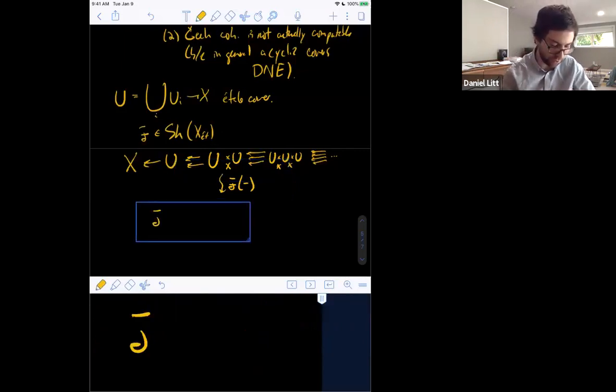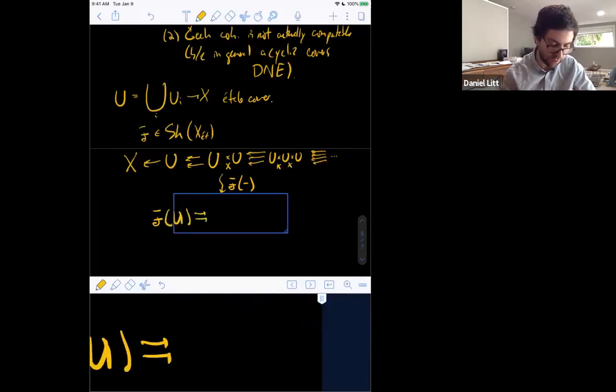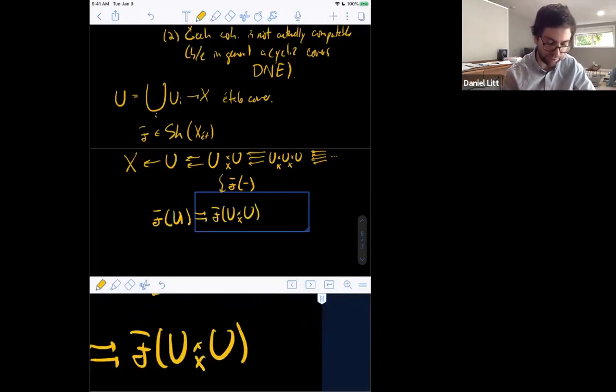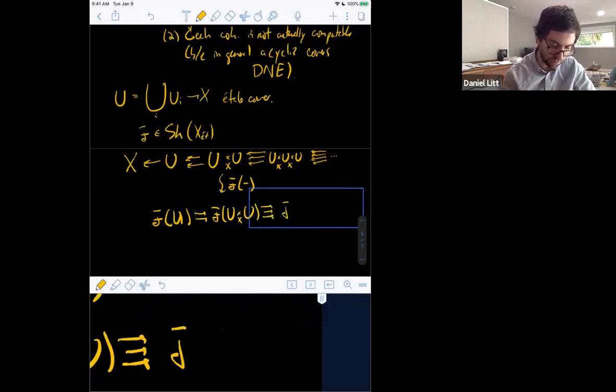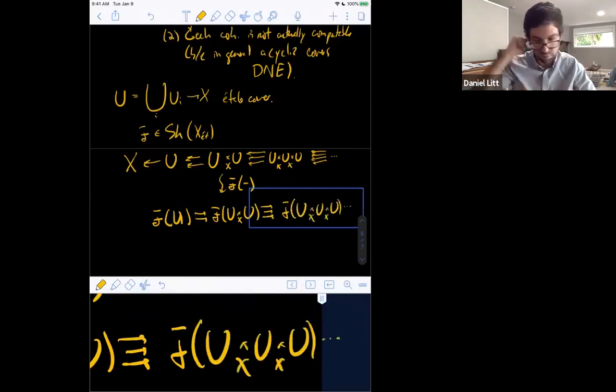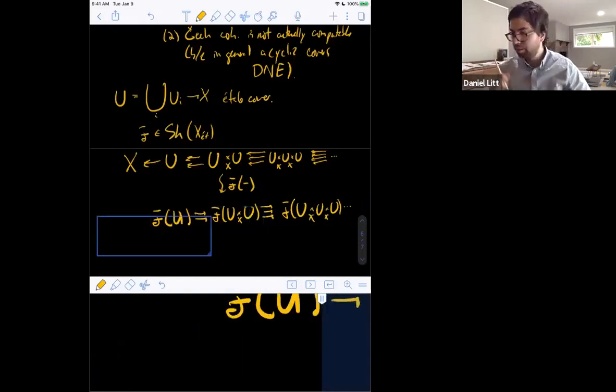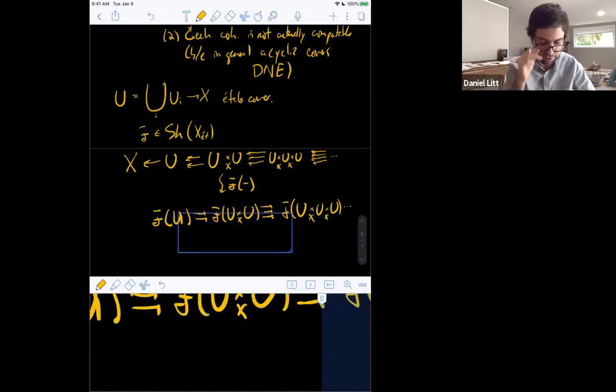So we get F of U, F of U cross U over X, and note that I've deleted F of X here. Okay, so this is a co-simplicial diagram of abelian groups.